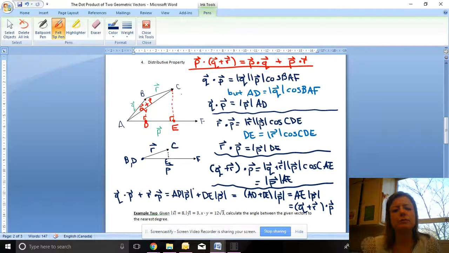So this shows through the series of equal signs that those two equalities hold true.